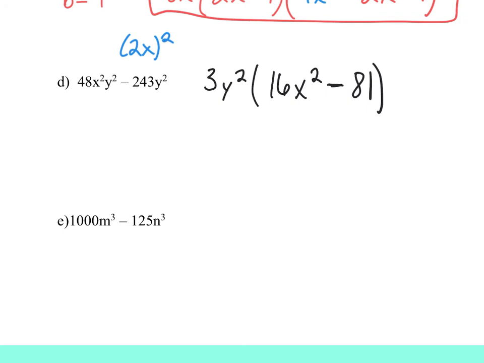Okay, so we will keep our GCF out front. What is the square root of 16x squared? 4x, good, thank you. Don't forget about our variables.